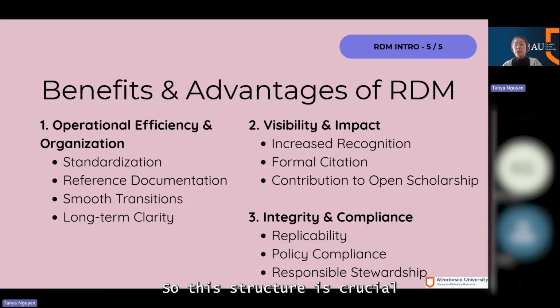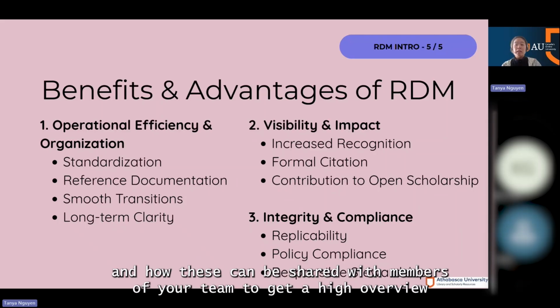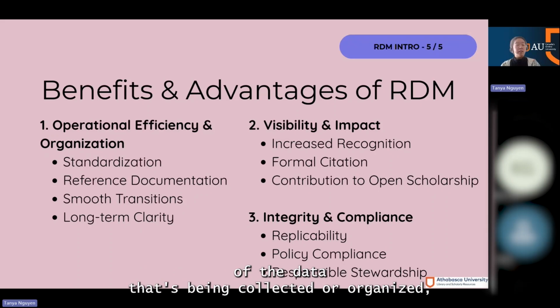So this structure is crucial for staying organized and efficient. We'll touch upon DMPs, data management plans, and how these can be shared with members of your team to get a high-level overview of the data that's being collected, organized, stored, and preserved.